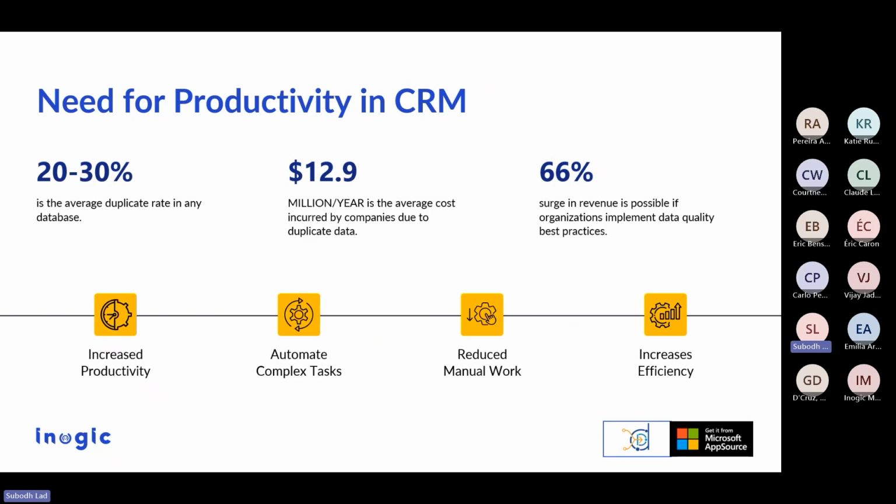And once these duplicates have been cleared and removed from the system, there is a surge of around 66% in their revenue because of the improvement in their data quality and hygiene practices. So it leads to increased productivity. It helps to automate complex tasks, reduce manual work, and increase efficiency as well.